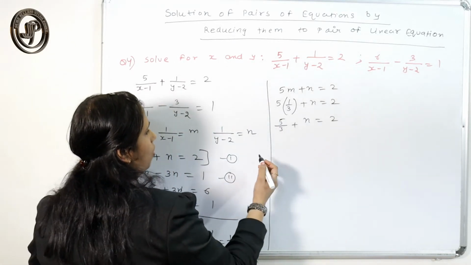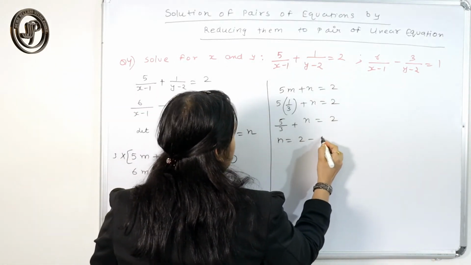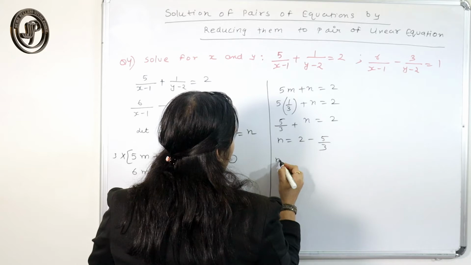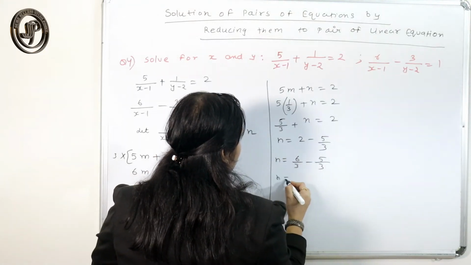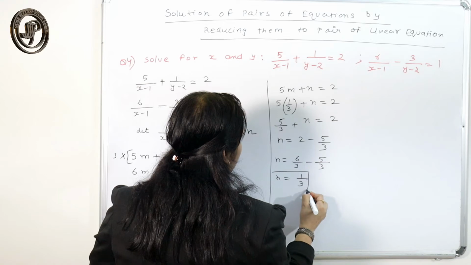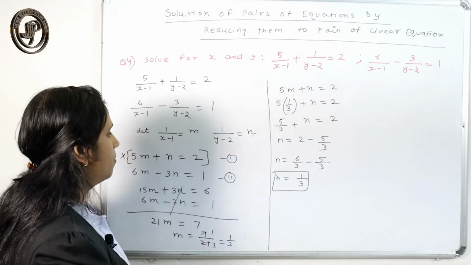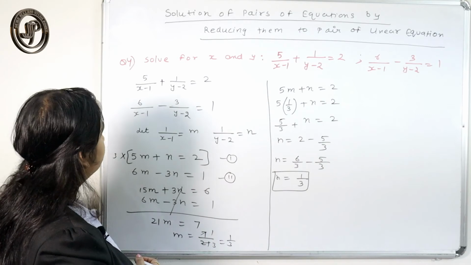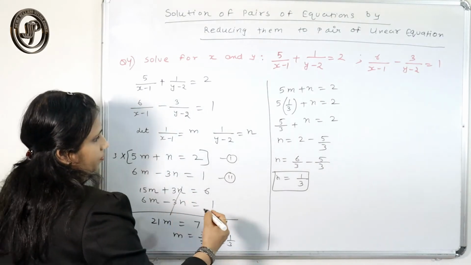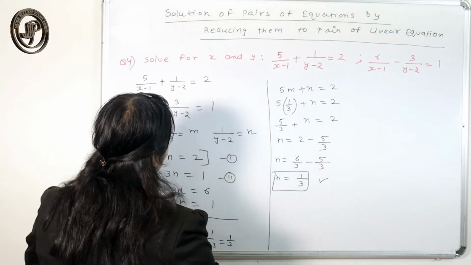Now you just have to solve for the value of n, make the denominator the same. So here n is 1 by 3 and m is also 1 by 3, but you have to solve for the values of x and y.